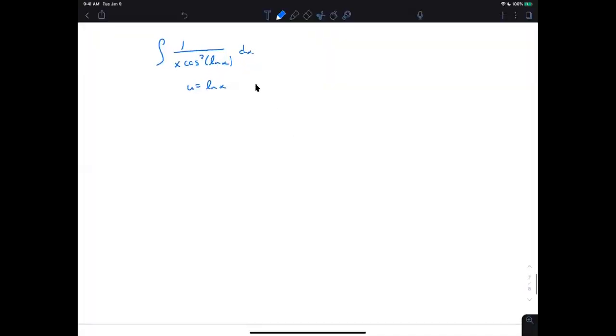All right. So anyway, here you let u equal log x. Du then is 1 over x dx. Well, that part's relatively straightforward. So we get 1 over cosine squared of u du. And now we have to figure out what to do with that. What do you do with that?